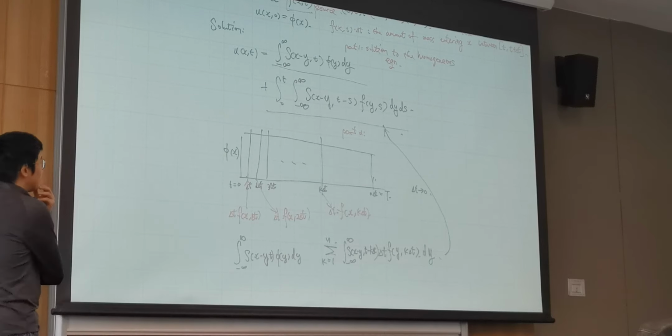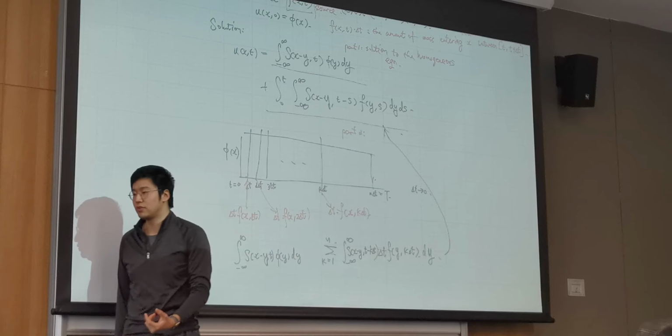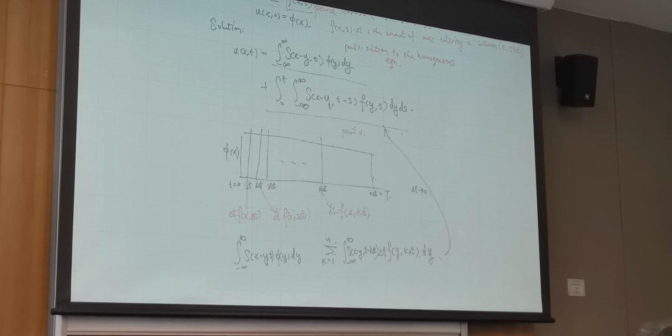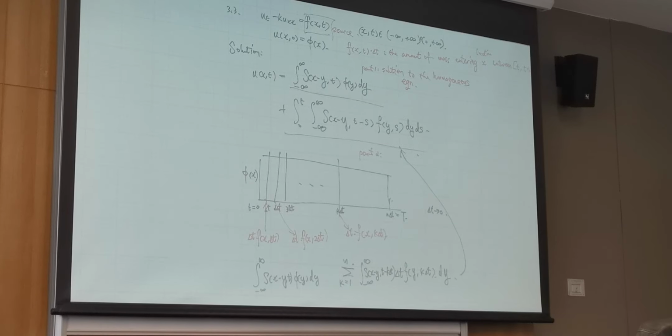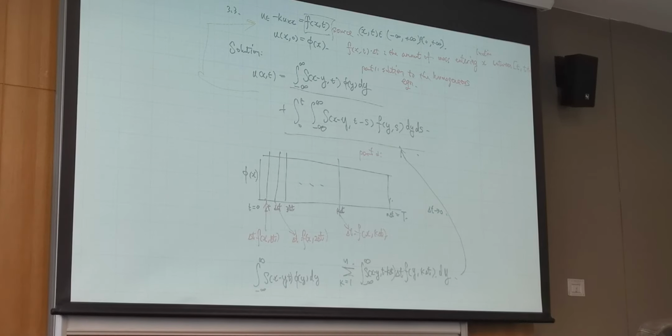That's the first thing. And the second thing is that we are going to verify that this is indeed the solution to the diffusion equation with sources. And that will basically close up 3.3.